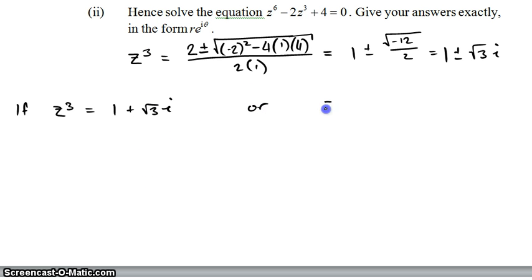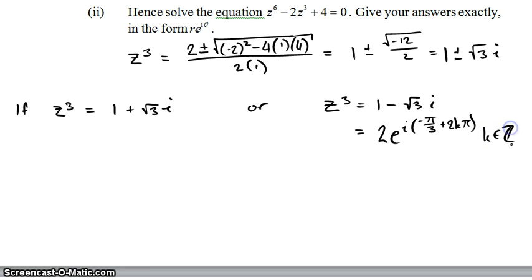Or if z cubed is equal to 1 minus root 3i, well, actually, this isn't too much different. If you look at it, this would be 2e to the i(minus pi upon 3 plus 2k pi), where k is an integer. And actually, other than that, everything else would remain exactly the same when I took the cube root.